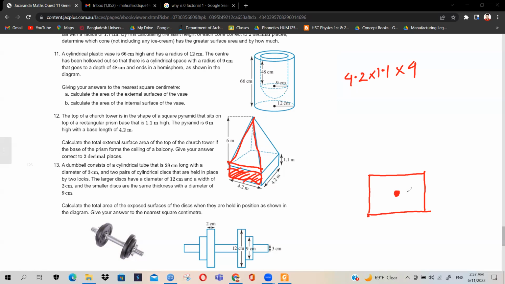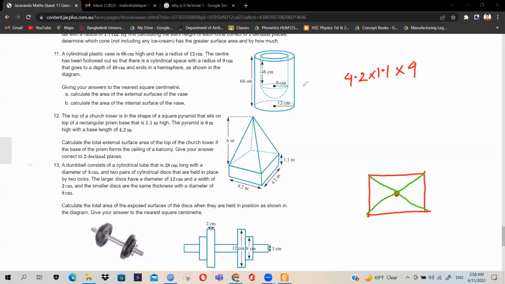I can't draw it in a traditional way, but this is the top. Now if I join the four corner points to this top point, won't they be the same? The answer is yes. The triangles are isosceles, which means that both of these two sides will be equal.